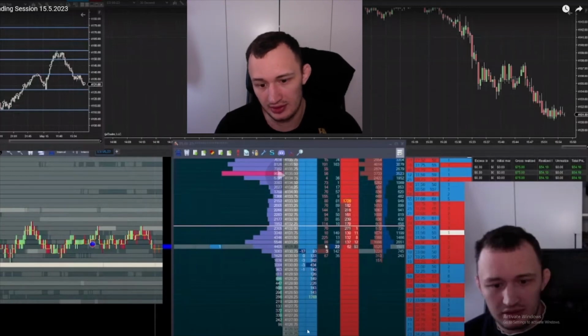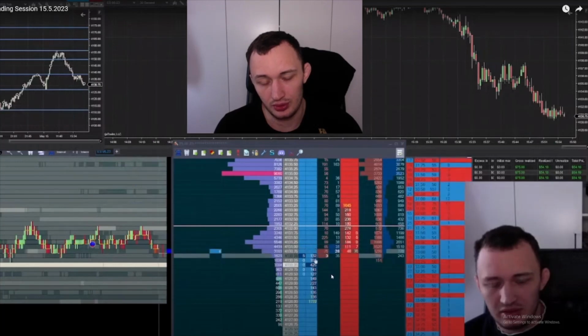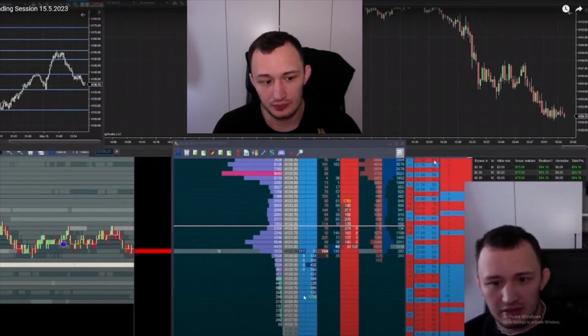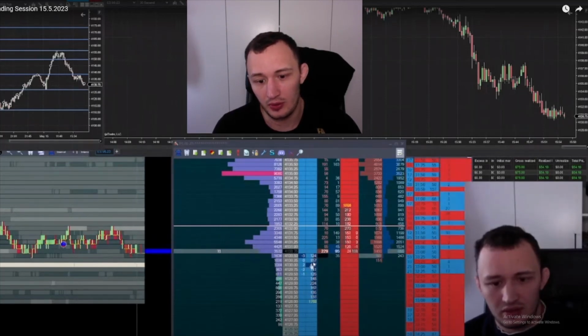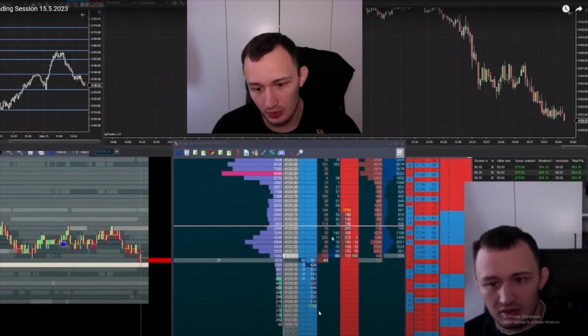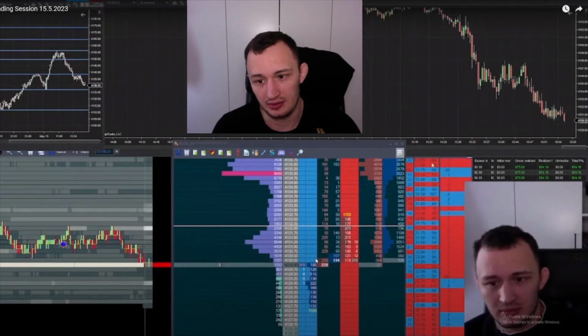So I'm looking at this at 30, or in the 30 area, if it wants to hold. What I'm looking at here is the lows, and I would want to see it puke down and immediately reclaim, okay, the 30s, which it didn't.